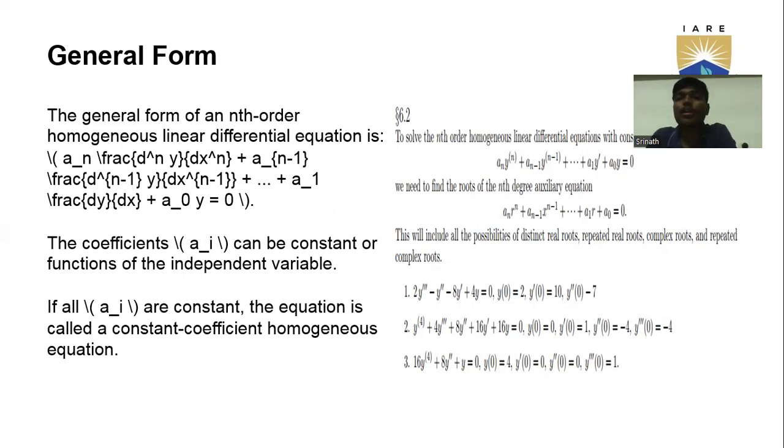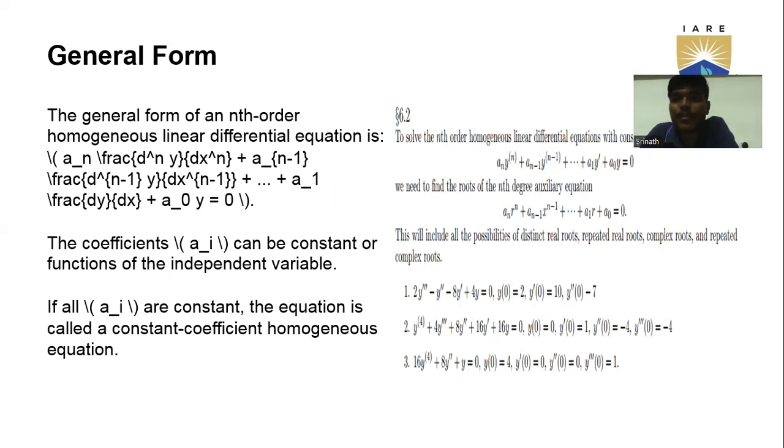Next, the series: to solve the nth order homogeneous linear differential equation with constant coefficients, this is the formula to use. We need to find the roots of the nth degree auxiliary equation: r^n + a_(n-1) r^(n-1) + ... + a1 r + a0 = 0.